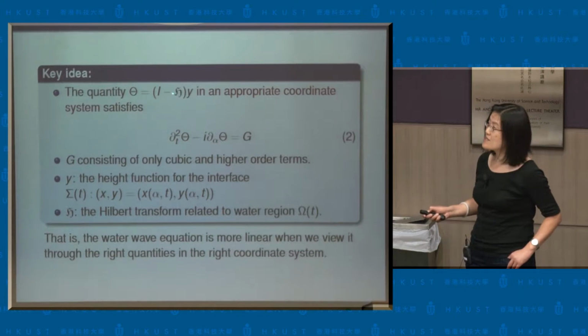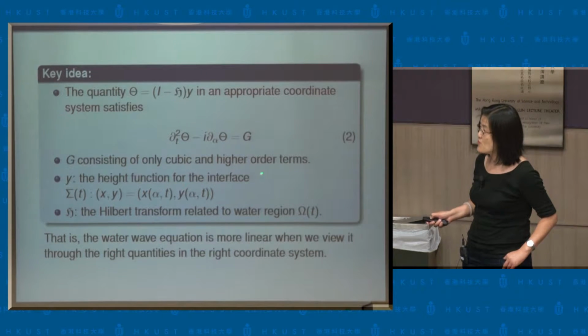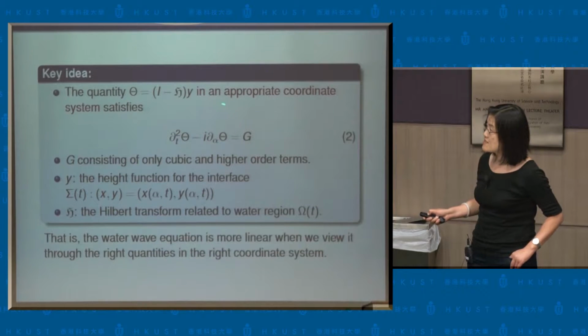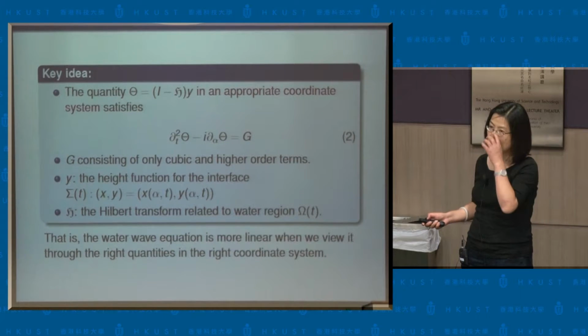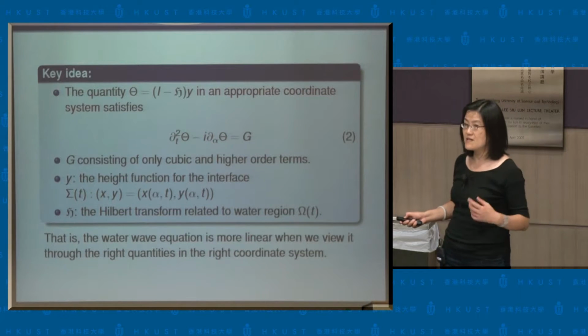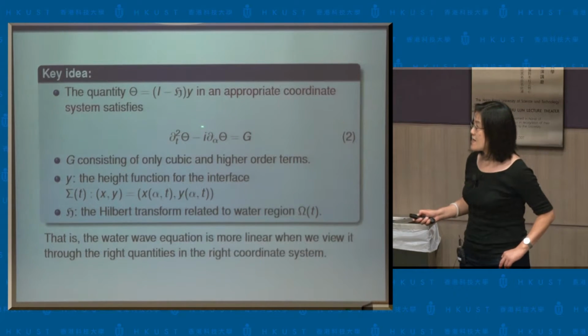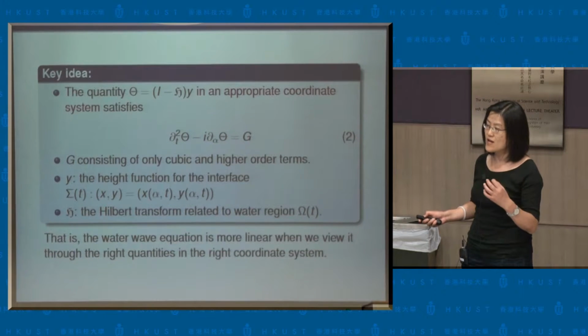Okay? So why can we say that the solution remains small and smooth for such a long period of time? The key idea is that, naively, we want to say, okay, we write down the equation about the interface, or about the velocity, but then it contains nonlinearity. Of course, it's a nonlinear equation, and it has quadratic nonlinearity.